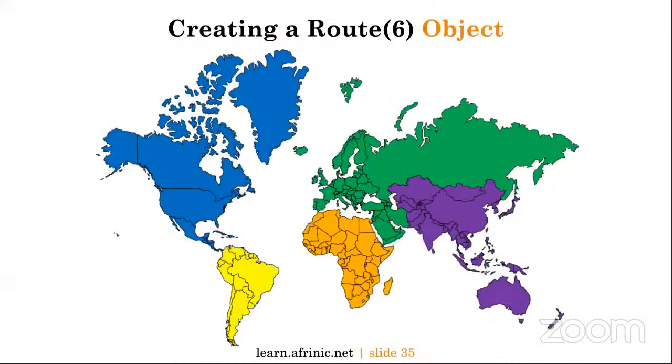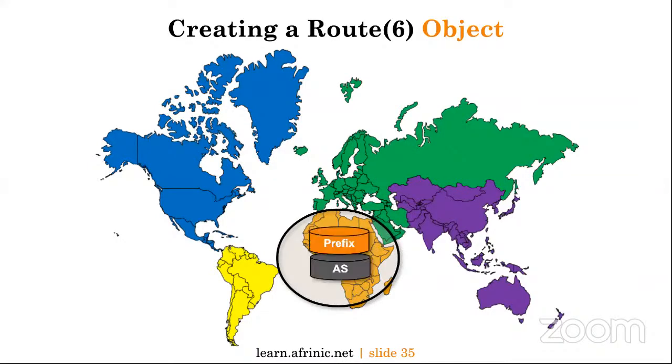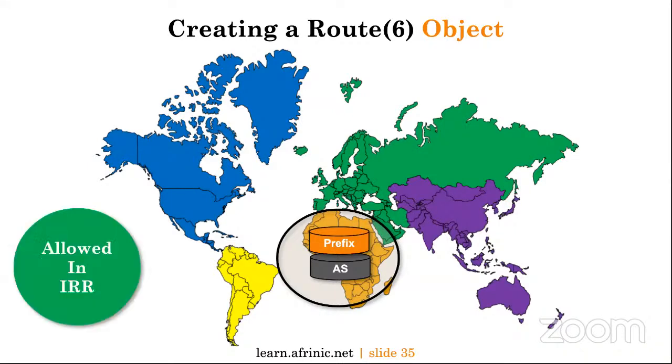So creating a route object in the AFRINIC IRR is straightforward, but there are different scenarios. So in this section, we're going to show you different scenarios. If you have the prefix and your AS, your autnum resource, from the AFRINIC region, you can create your route object within the AFRINIC routing registry.